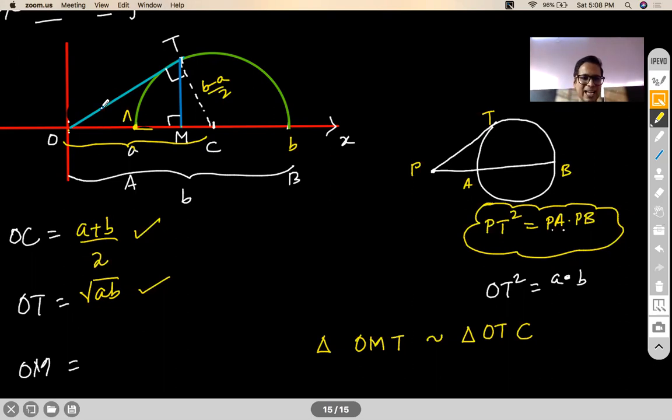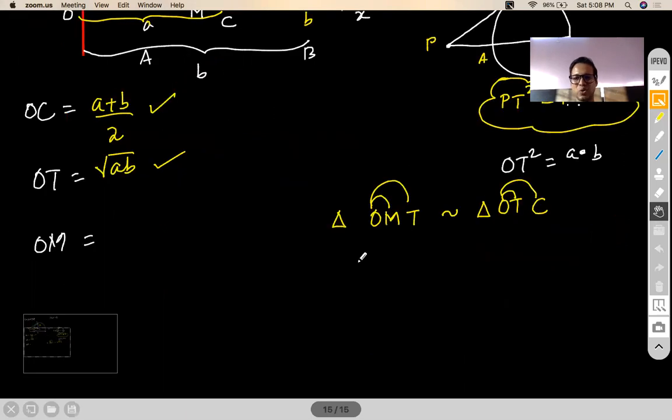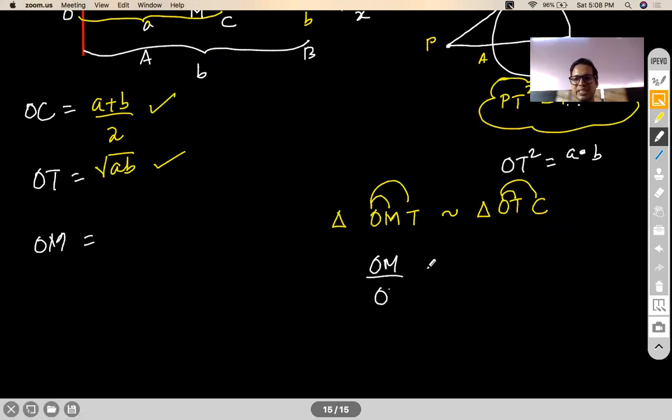Right? Because this angle is the same and one of the angles was a right angle. So OM by OT should be equal to OT by OC. Correct?